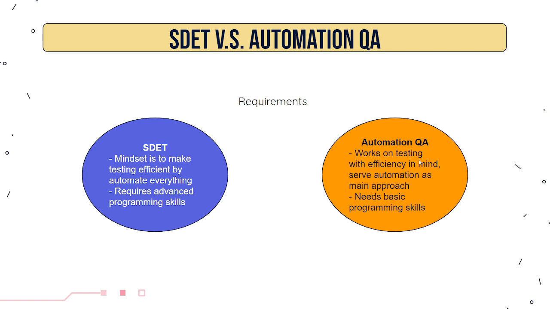So they need to increase their testing efficiency. That's their goal, and they take automation as the main approach. So you need at least basic programming skills to create some tools to automate test cases that really require automation.